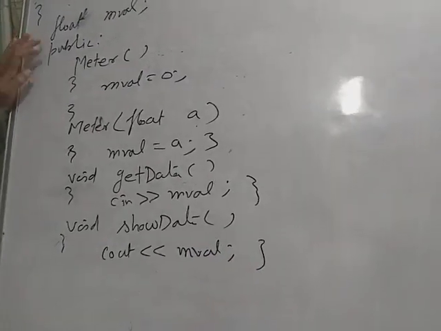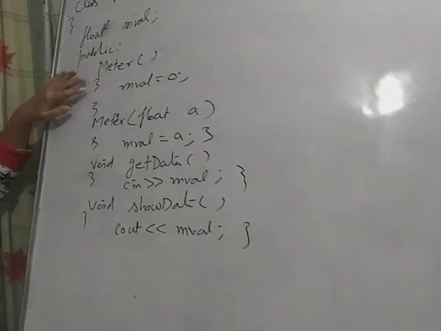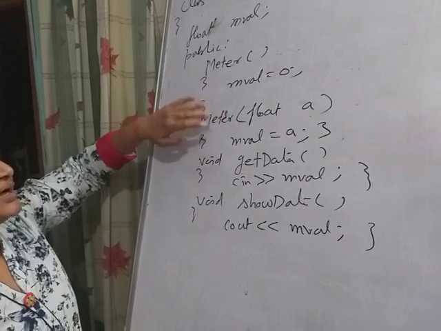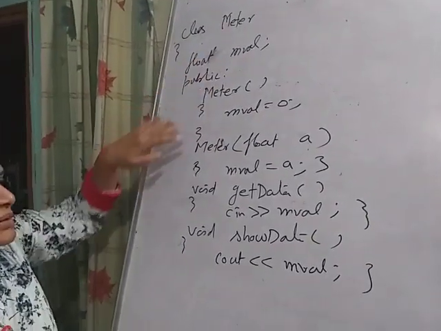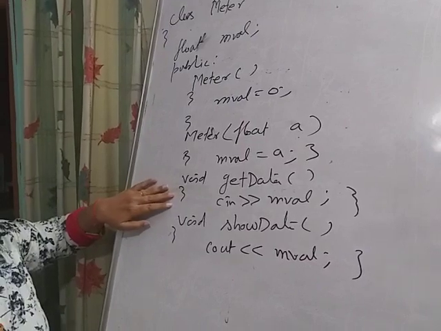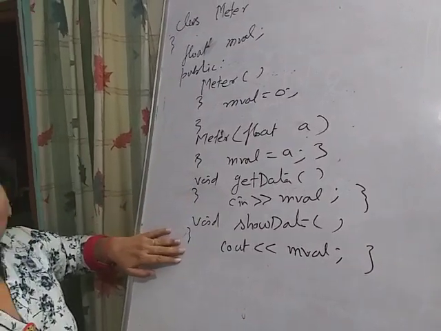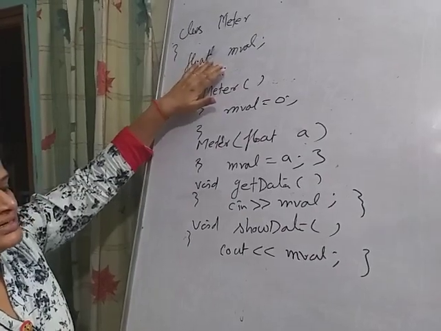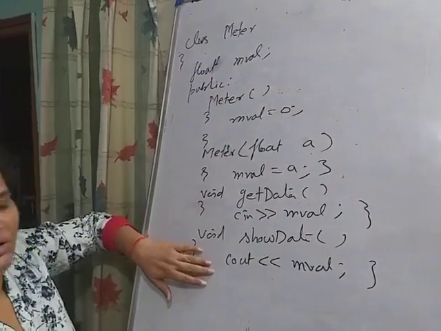First we declare the data member. In every class we declare the no argument constructor and the argumented constructor according to the number of data members, and get_data to read the value of the data member from the user, and show_data. As they are private data, it is not accessible to the main.